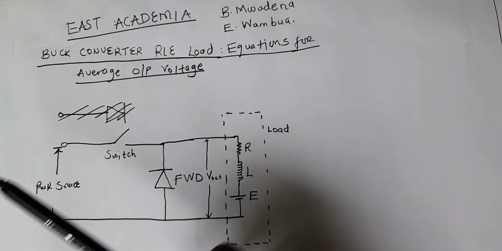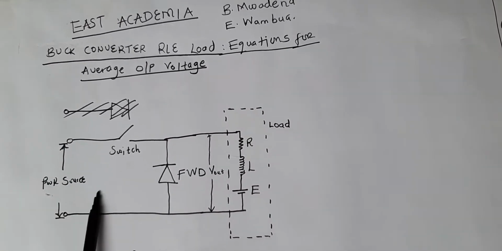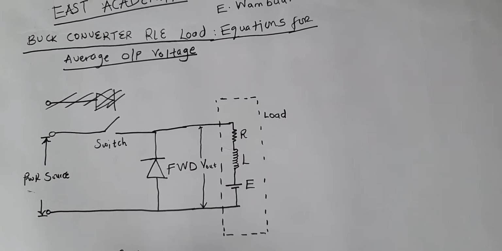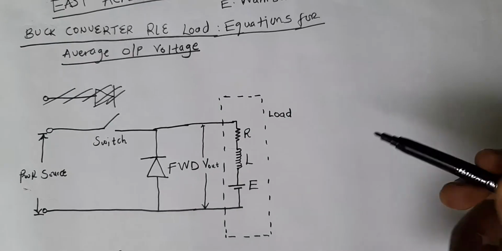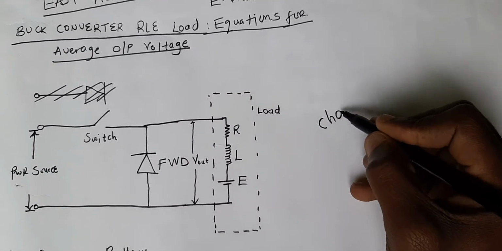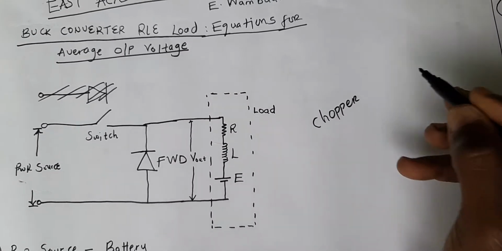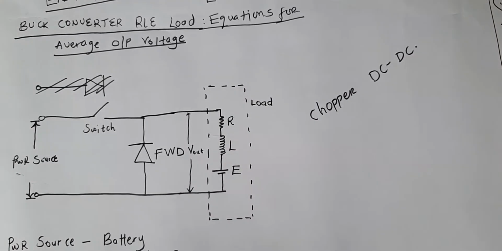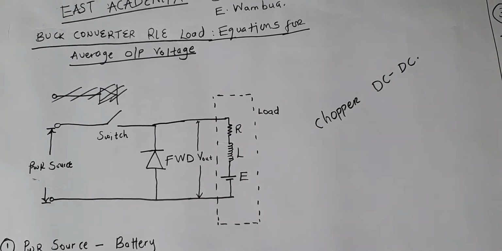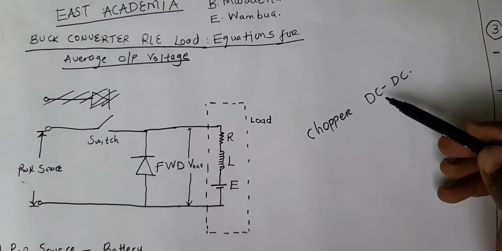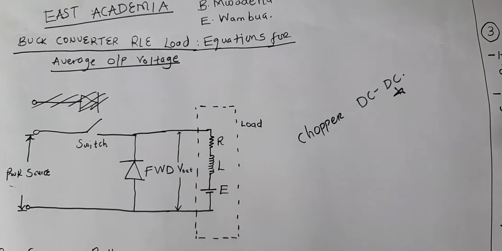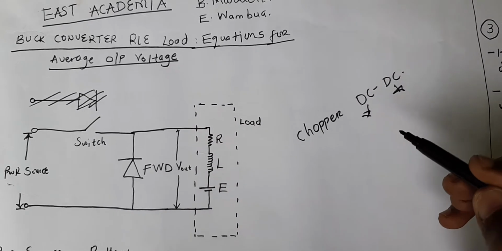So the first part you can see is a power source. Since this is a buck converter, we say that these converters, which are known as choppers, are DC to DC converters. DC to DC converters means that we get a variable DC voltage from a fixed DC voltage.